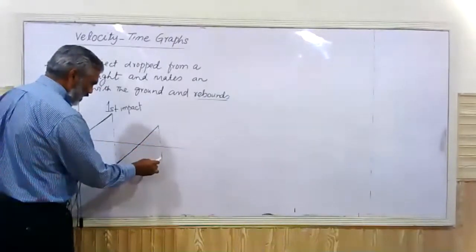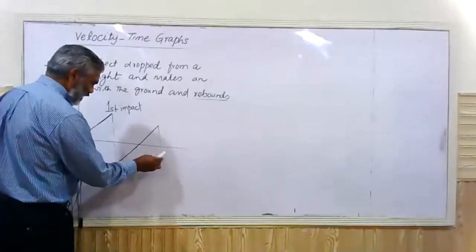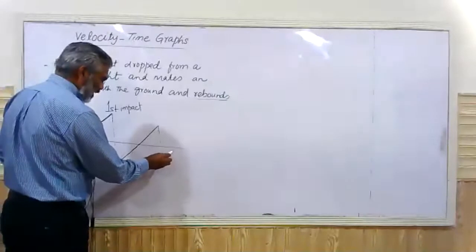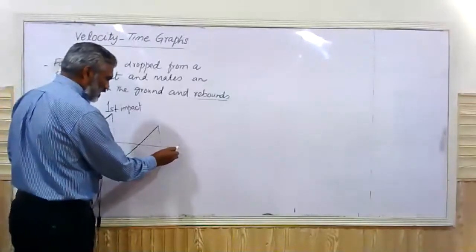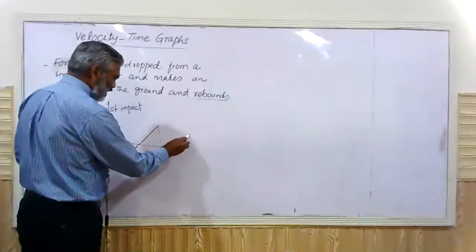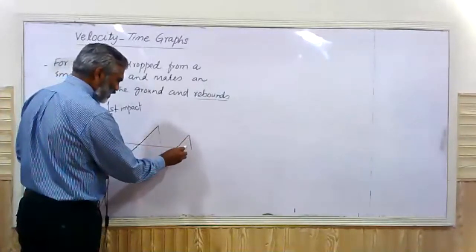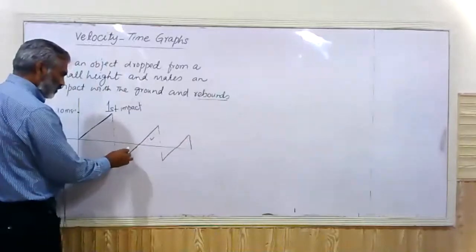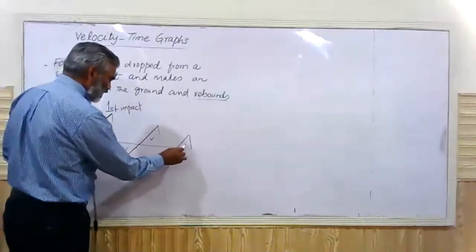Let's say another rebound and still less velocity now, then parallel line, then it continues, and then same size of these two triangles. These two are same and these two are same.